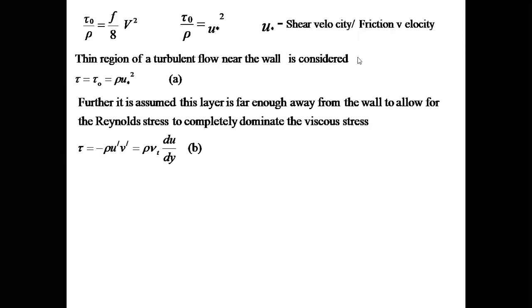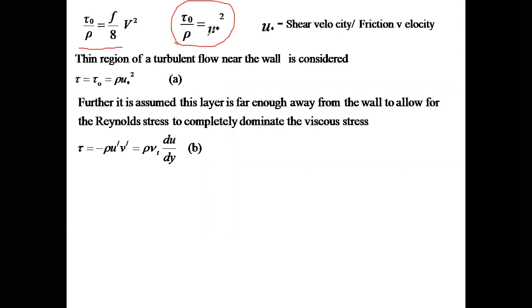Then we learned two equations in the very first lecture, right? The shear velocity u star equals square root of tau naught over rho. This can be applied for both laminar and turbulent flow.